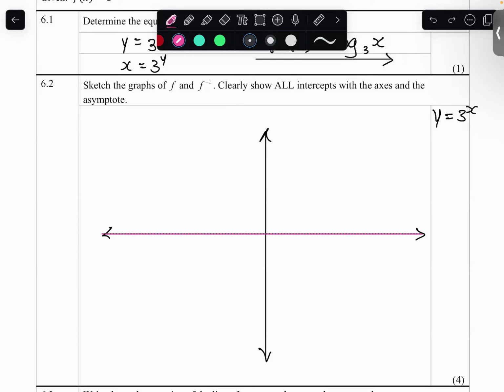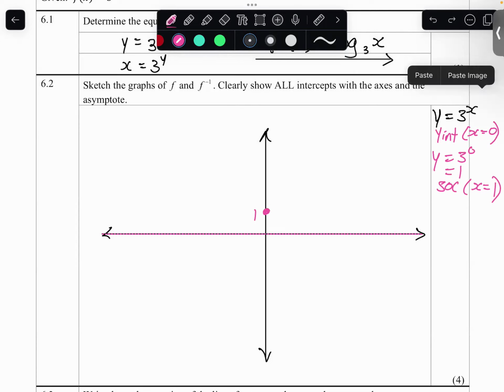So we have the asymptote drawn in. We need a y-intercept by making x equal to 0. We have y is equal to 3 to the power 0, which gives me 1. So my y-intercept is here at 1. Then I need a set of coordinates by making x equal to 1. We have 3 to the power 1, which gives me 3.